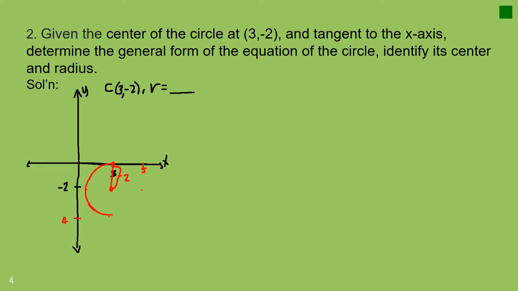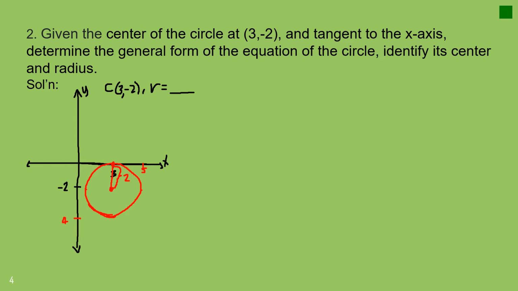Now let me touch this point. Okay. Alright, so that's our circle. I'm already trying my best to really make it as perfect as it should be. Alright, so this is our circle with center at 3, negative 2.